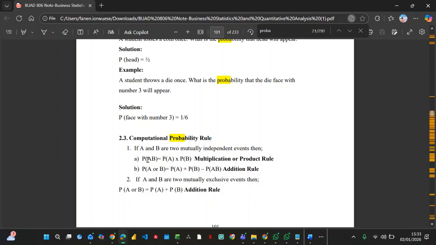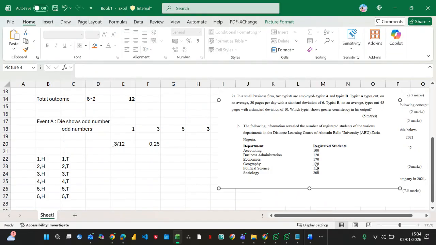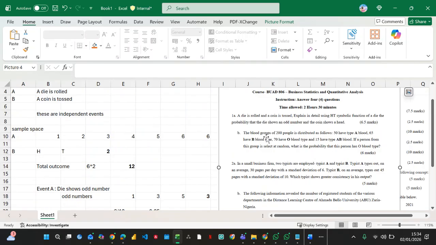Okay, so now that question is one question, and they're talking about two events. It said if A and B are mutually independent events, then use the product rule formula. Now this is for and, and this is for or.